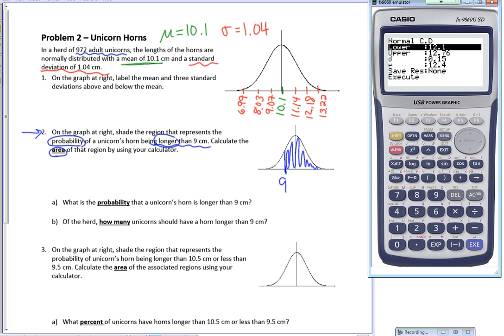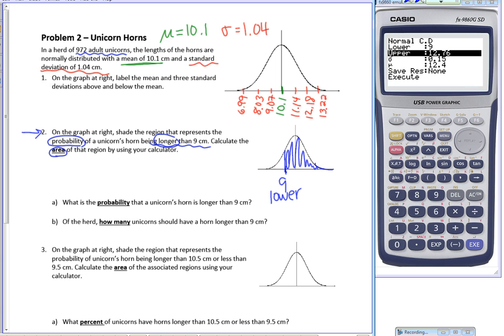So for this one, my lower is my left side, which is going to be 9. And then my upper, this is going forever to the right. So my upper needs to be the biggest number I can think of. What's the biggest number I could type into my calculator? It's 9. And I'm going to just keep filling the screen with 9s until I run out of space, and I'm going to call that my upper bound.